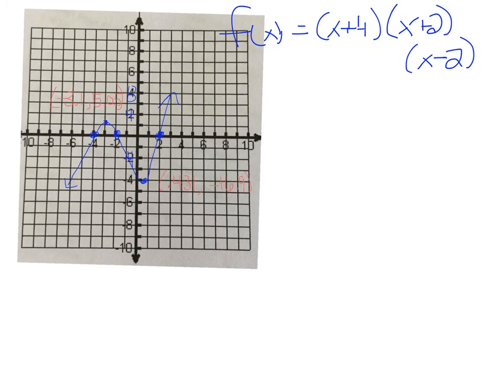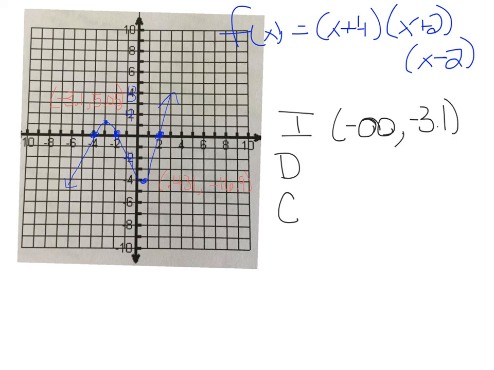And so if I want to tell someone where this one is increasing, decreasing, constant, from negative infinity until my negative 3.1, we're going to increase. And then at x equals negative 3.1, we're going to be constant, and then we're going to decrease from negative 3.1 until my 0.431.